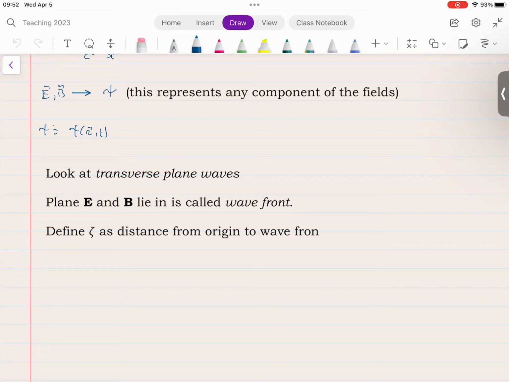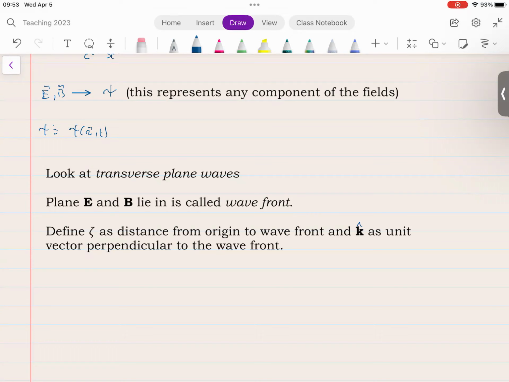Wavefront, and I'm going to use the vector k as the unit vector perpendicular to the wavefront. Here we go. And maybe I can call it k hat here.